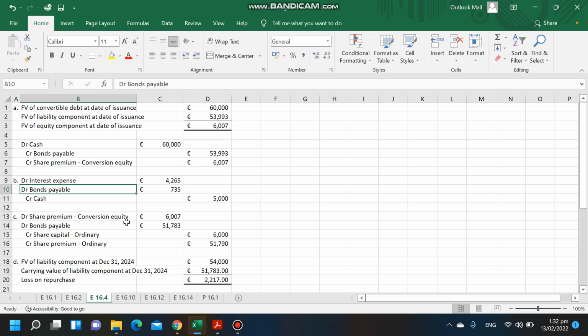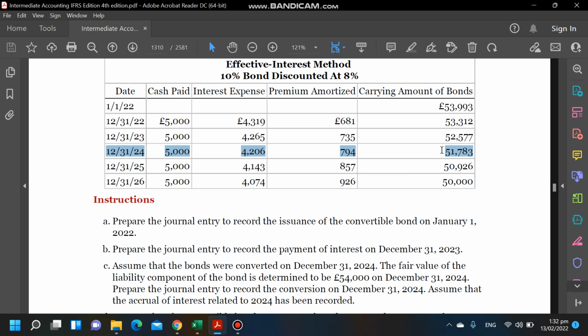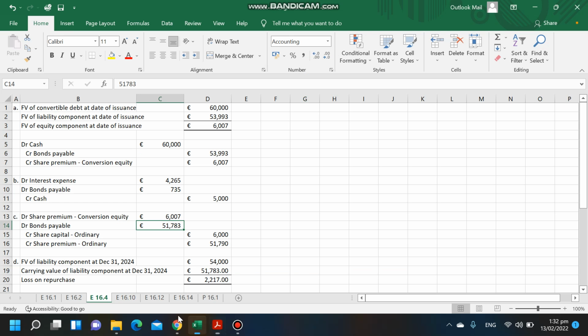Okay, so the journal entry, debit share premium conversion equity 6,007. This is just using the first-time amount. Okay, and then debit bonds payable, so use the carrying amount of the liability component at the date of the conversion. So here, 51,783.